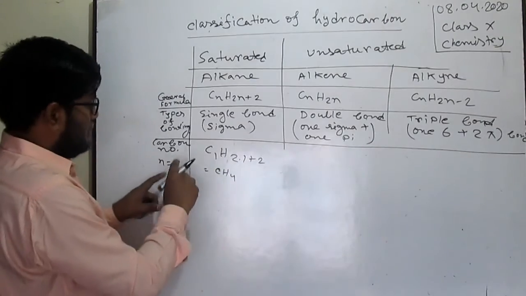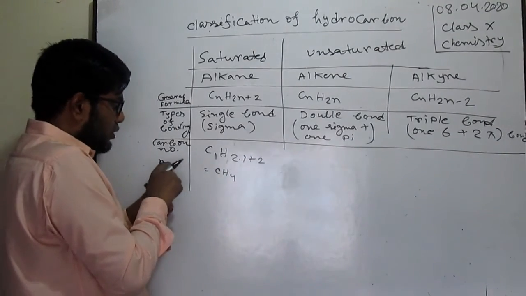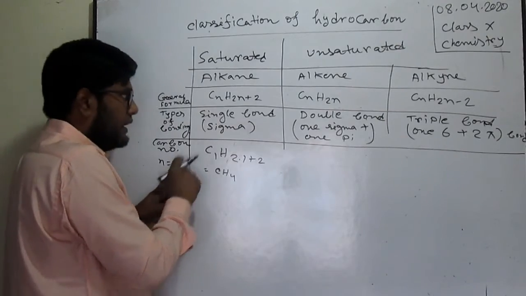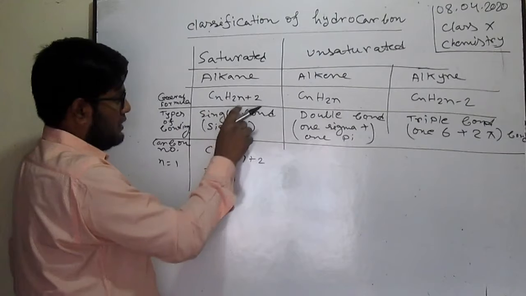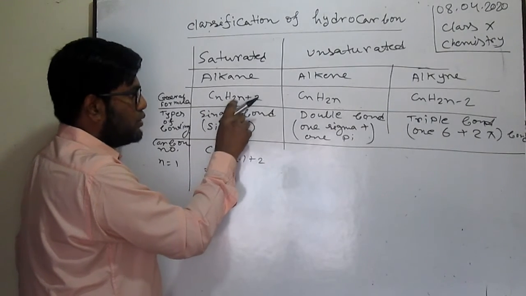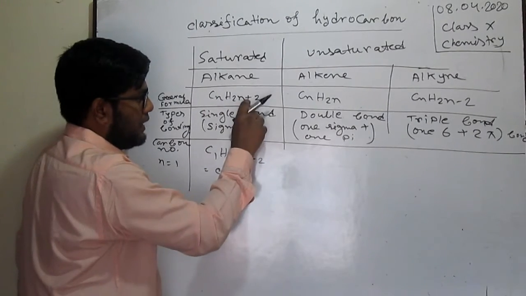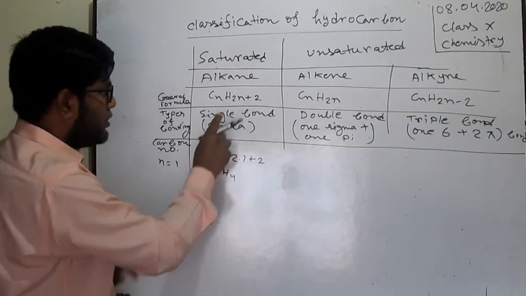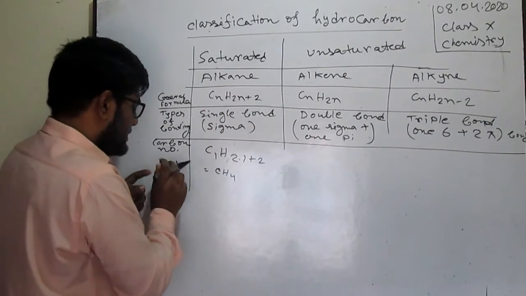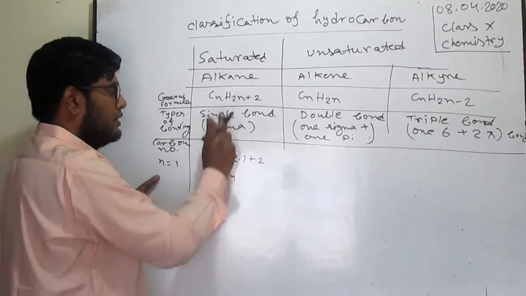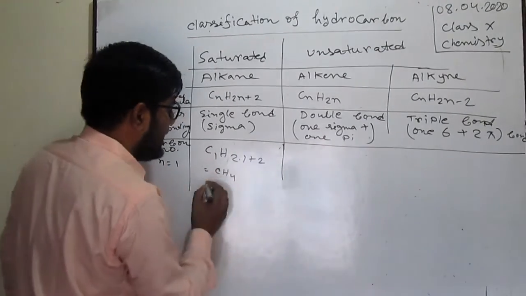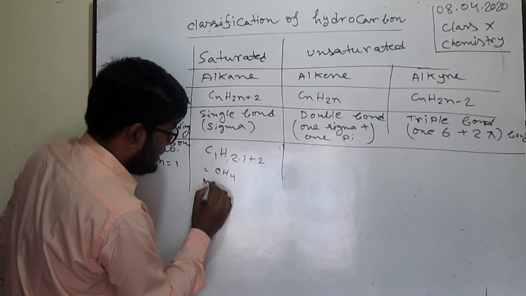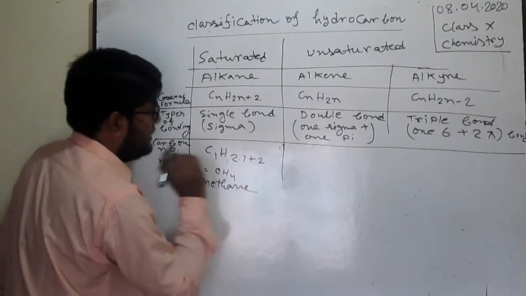According to this formula, we just use the value of n and make the alkane. This is methane.